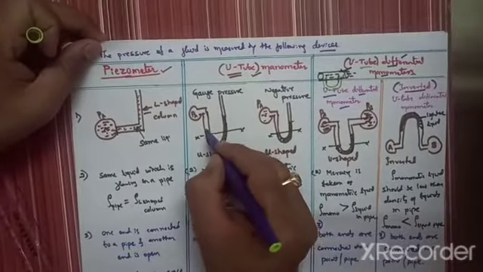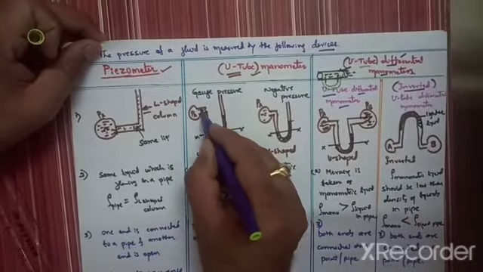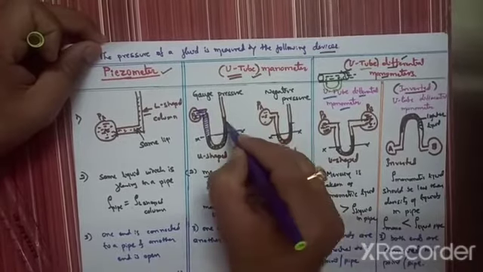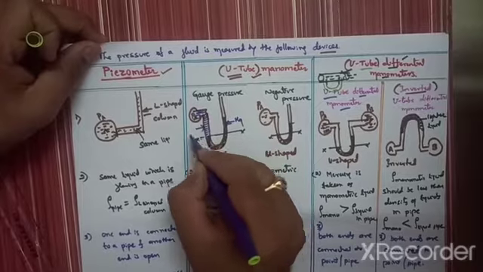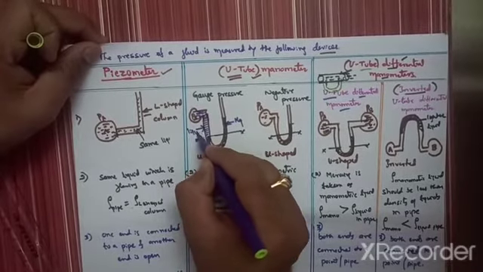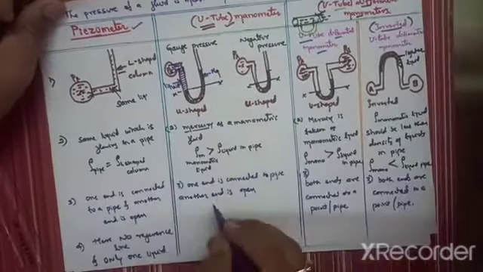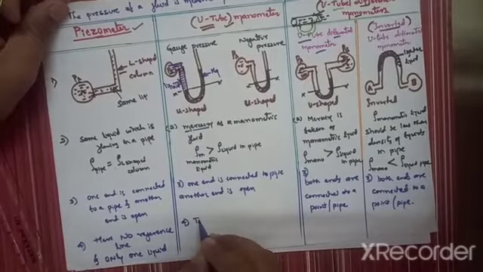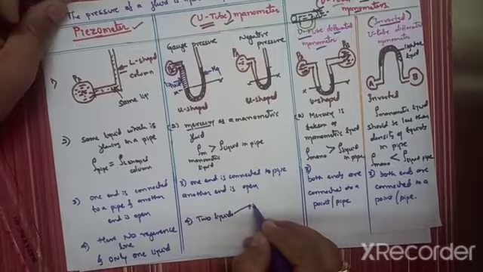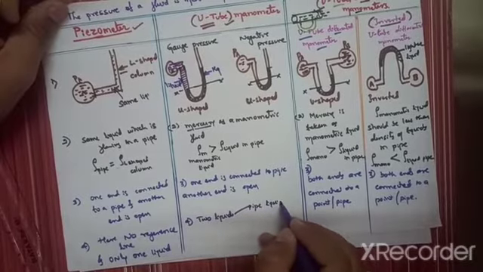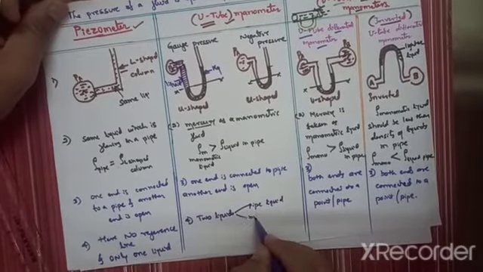One is the liquid which is flowing in the pipe, another one is the manometric fluid, that is mercury. Fourth difference: two liquids, the pipe liquid and the manometric liquid.